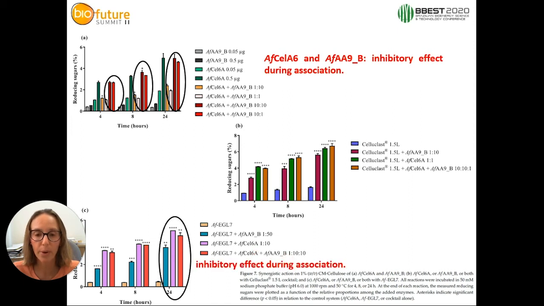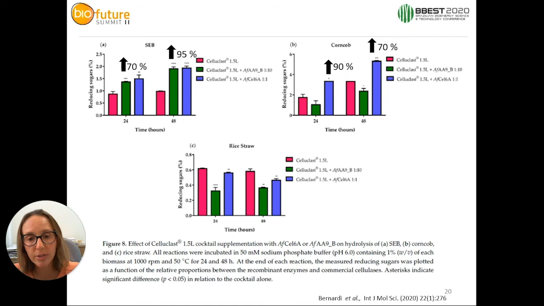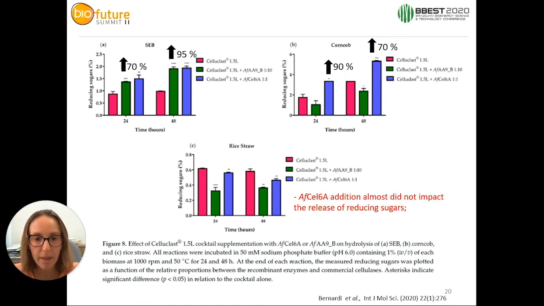cellulase and LPMO. To evaluate how these enzymes acted on lignocellulosic biomass, we analyzed the association on complex biomass such as SEB, corn cob, and rice straw. We observed an increase in release of reducing sugar in SEB and corn cob, but not in rice straw.